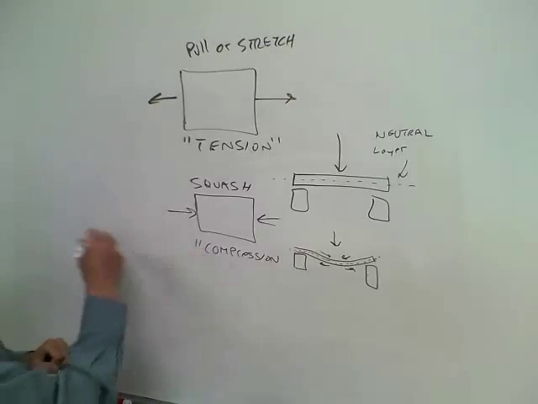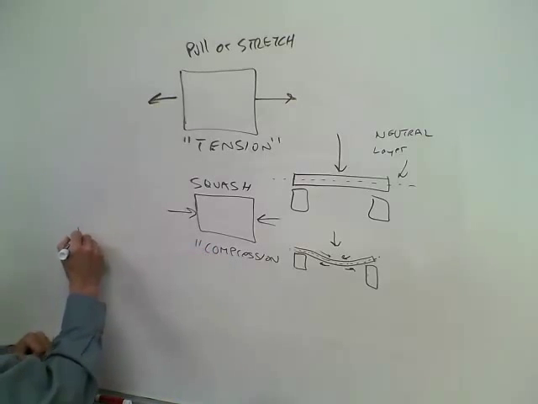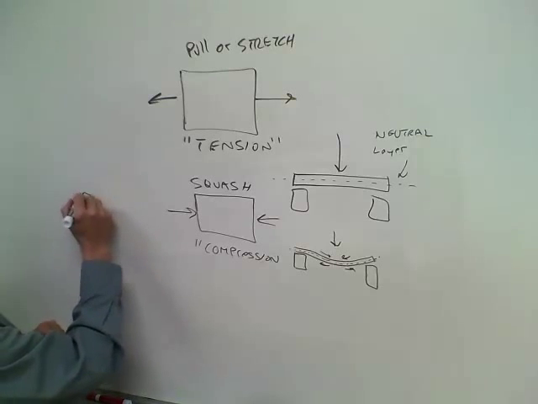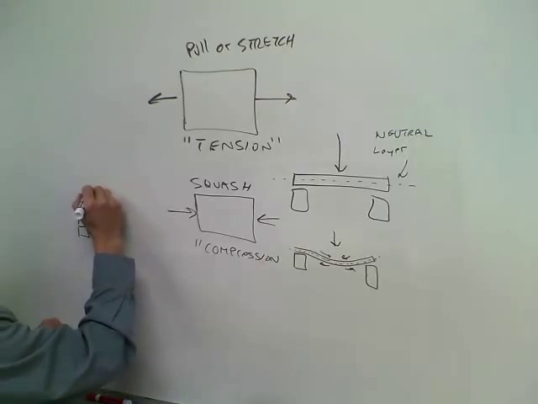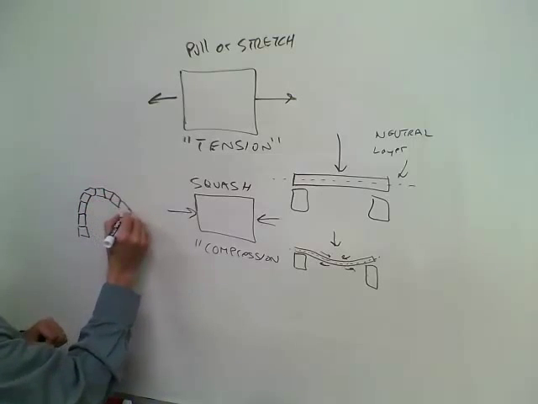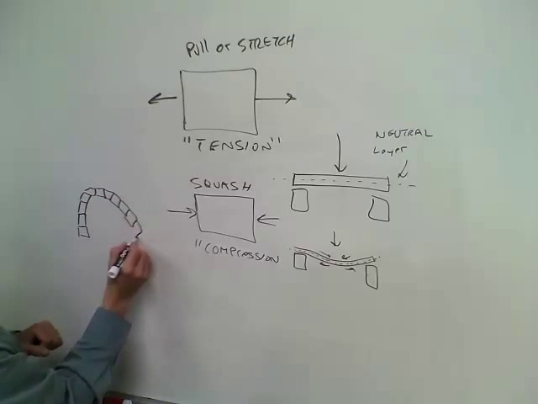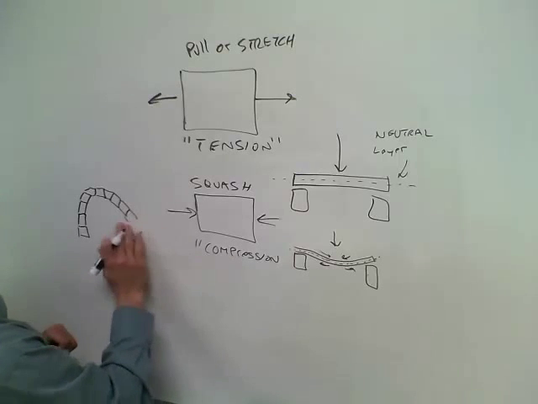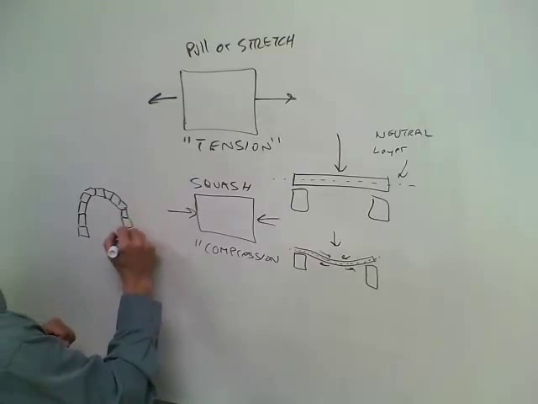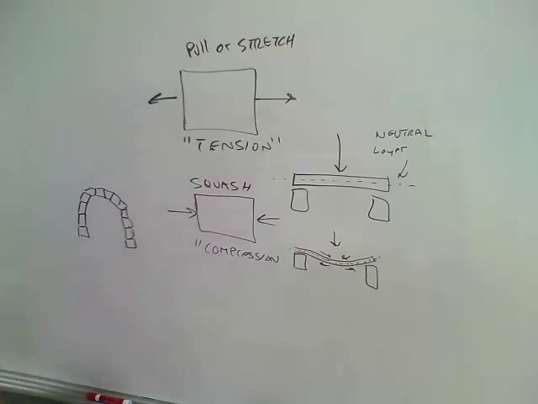And so we took advantage of these compression forces on stones a long time ago because we built these things called arches. Actually, let me correct my arch as best I can.